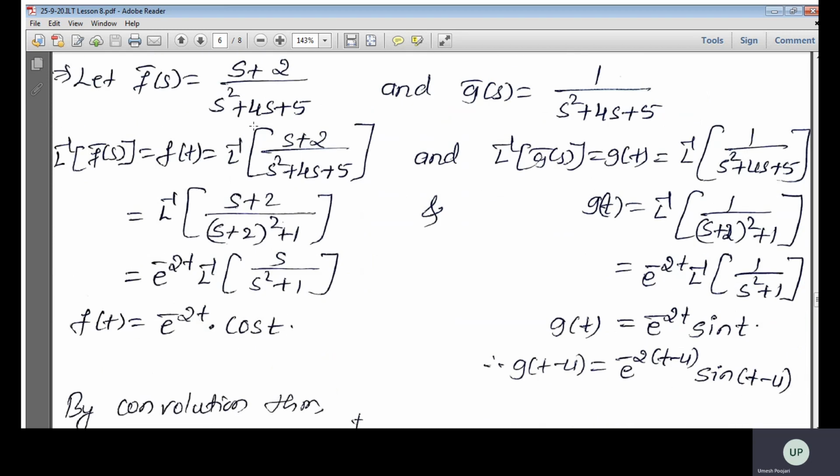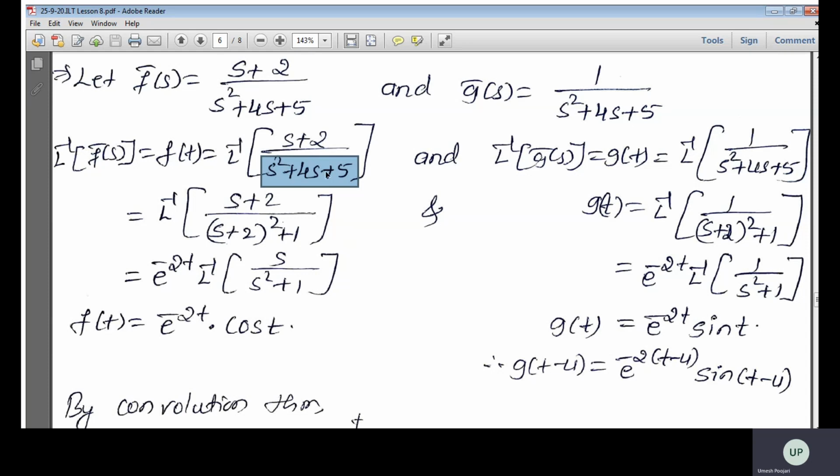Now we shall find the inverse. L inverse of f bar of s, that is f of t, will be L inverse of s plus 2 divided by s square plus 4s plus 5. You can observe here which method we have to follow to find the inverse of this. Denominator is in the form of a quadratic equation. We know that if a quadratic equation is present in the denominator, then we have to express this in the form of a perfect square, s minus a whole square plus or minus b square.